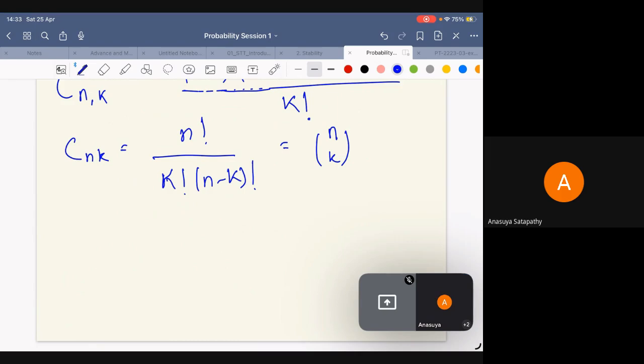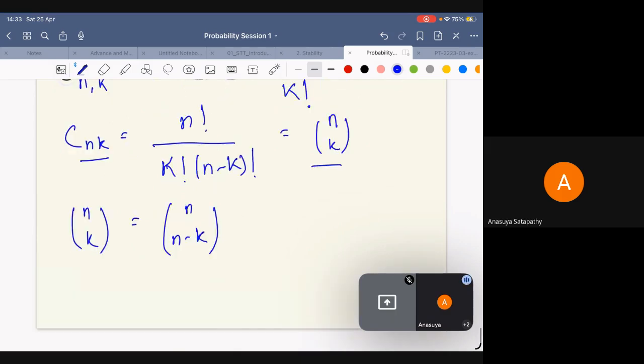nCk is also equal to nC(n minus k). When you get the proof, you will see how it is equal. Let me show you now.